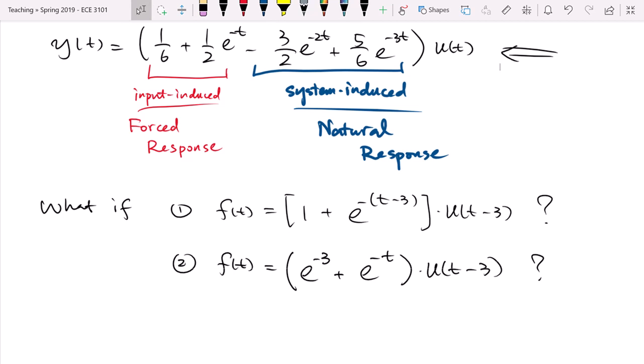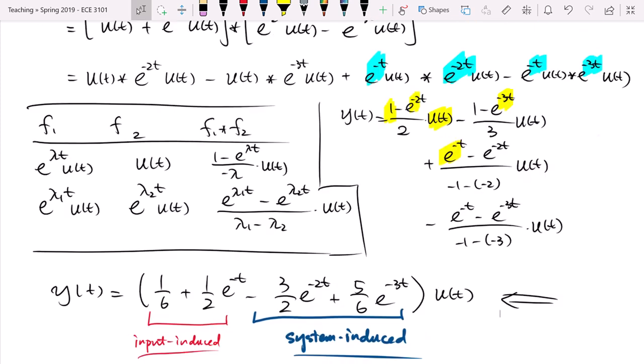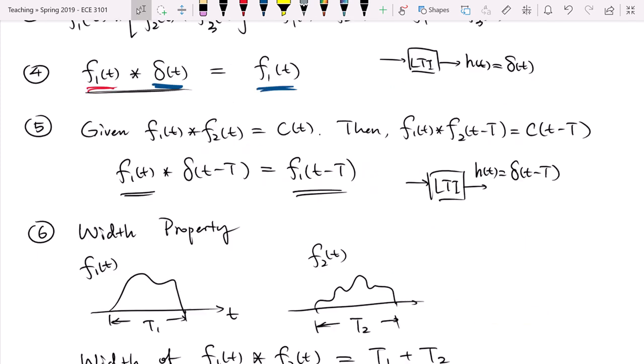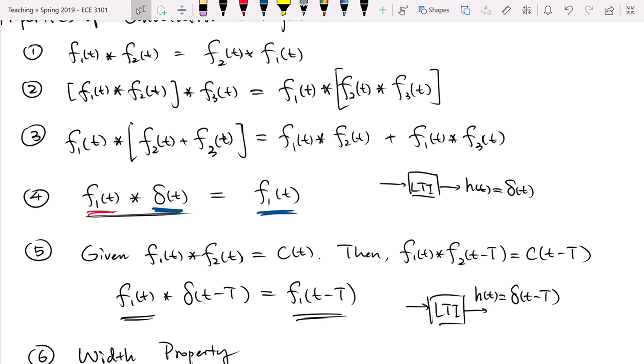And if you think this is really hard and you're not really sure how to do it, you can still go back and use the convolution table in combination with property number 5 that has something to do with the shift. And of course, since you have multiple terms, to distribute a term properly, you need to use property number 3 as well.